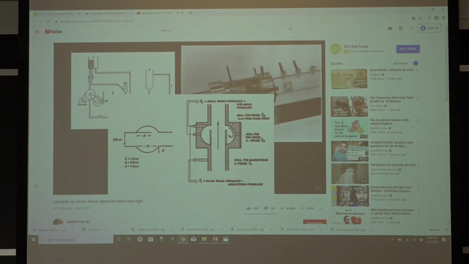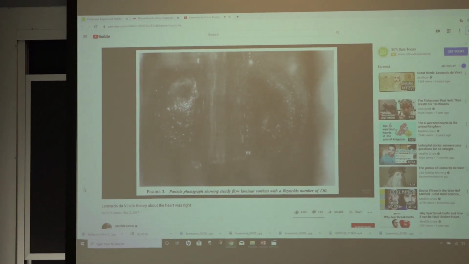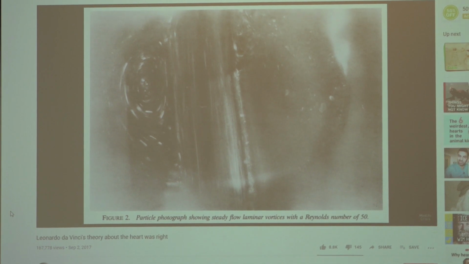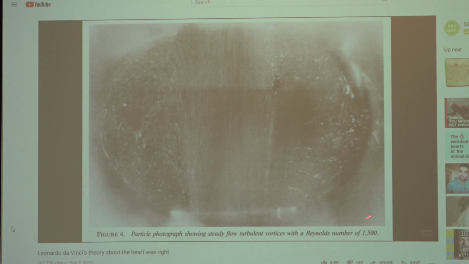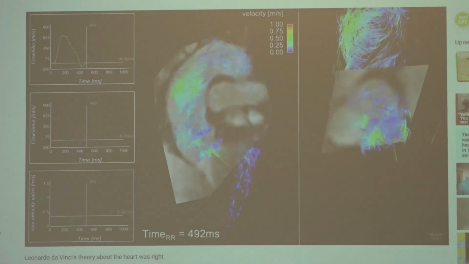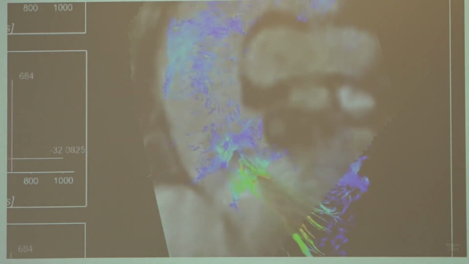So it took 450 years for the experiment to actually have the capability to be built, where they're looking at the vortices within the bloodstream. What you're seeing here is essentially similar to Bernoulli's theorem, where you're talking about turbulent flow. What you're seeing with the 3D model is the turbulent flow of a particular region within the heart.